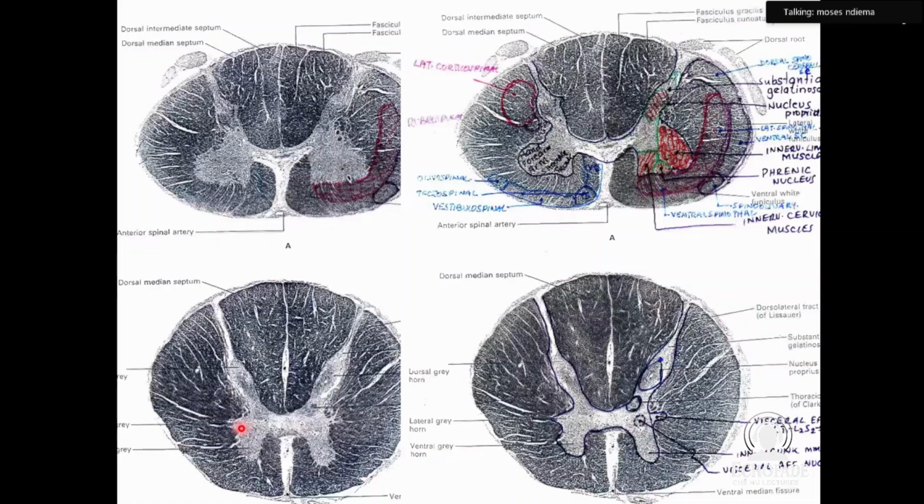Now we have what we call Brown-Sequard syndrome, and that is hemisection, either ipsilateral or contralateral sections. But you also need to remember that as the fibers come from the brain, they cross over, both sensory and motor.